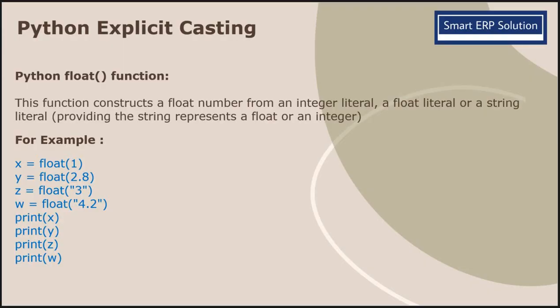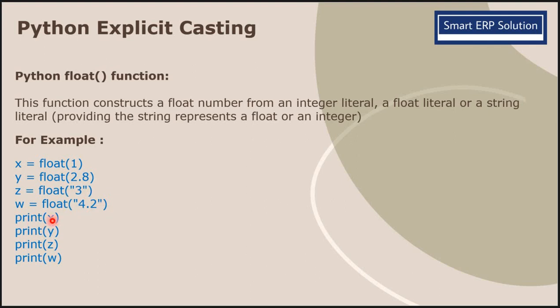Python float function. This function constructs a float number from an integer literal, a float literal or a string literal, providing the string represents a float or an integer. For example, X equals float(1), Y equals float(2.8), Z equals float(3), W equals float("4.2") within the double quotation, and "3" within the double quotation.